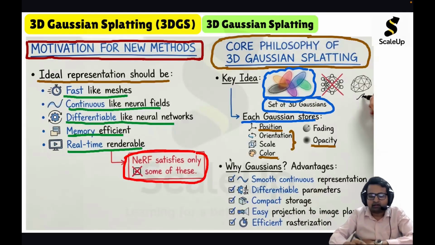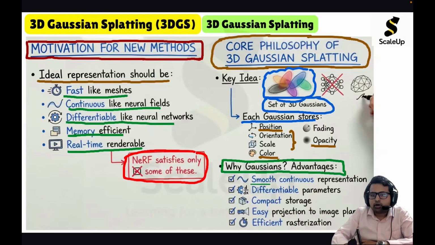Let us understand that. First, smooth continuous representation, because these splats can overlap with each other, and since we are making use of the opacity, we can deal with the overlapping. If blue is overlapping green, the opacity will be very high, the transparency very low, because we want green to be invisible wherever the overlapping is happening.